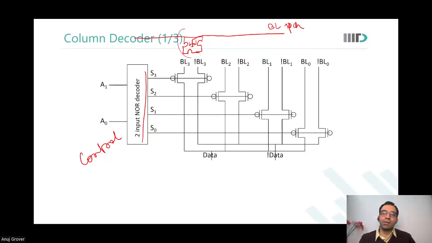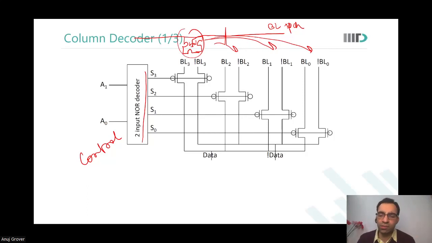There would be one circuit everywhere. Now what is the limitation here? If I say I will use this kind of a column decoder, what is the problem?